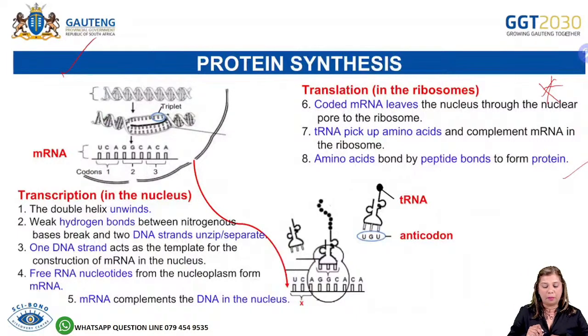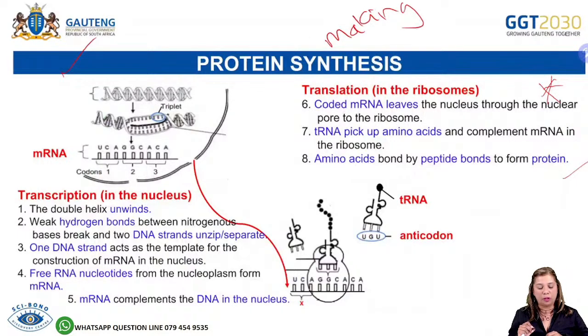So there's transcription. When we talk about protein synthesis, we are talking about the making of proteins, and we spoke about the importance. So let's talk about transcription. Transcription occurs in the nucleus. This diagram here is the nucleus, isn't it? Excuse my handwriting.